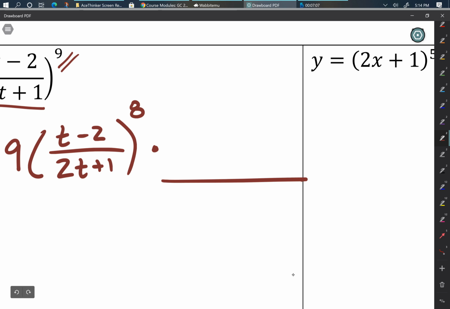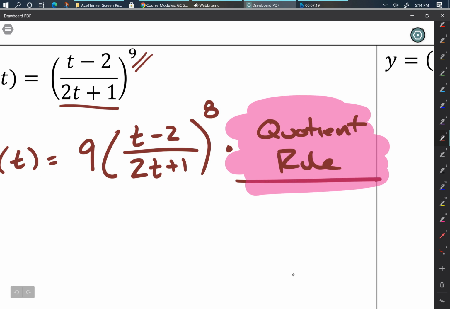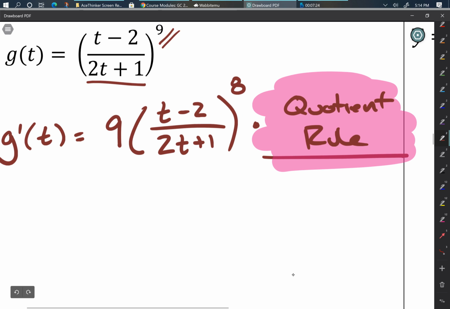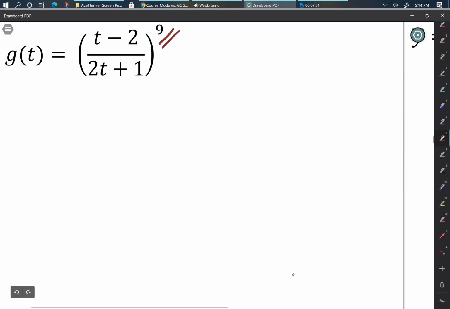But this something that goes right here, that's where the quotient rule needs to show up, because it's the derivative of the inside, which is the quotient rule. Right? All right, so I'm going to erase all this, and since I know what I'm looking for now, I'm going to go ahead and get that piece first.